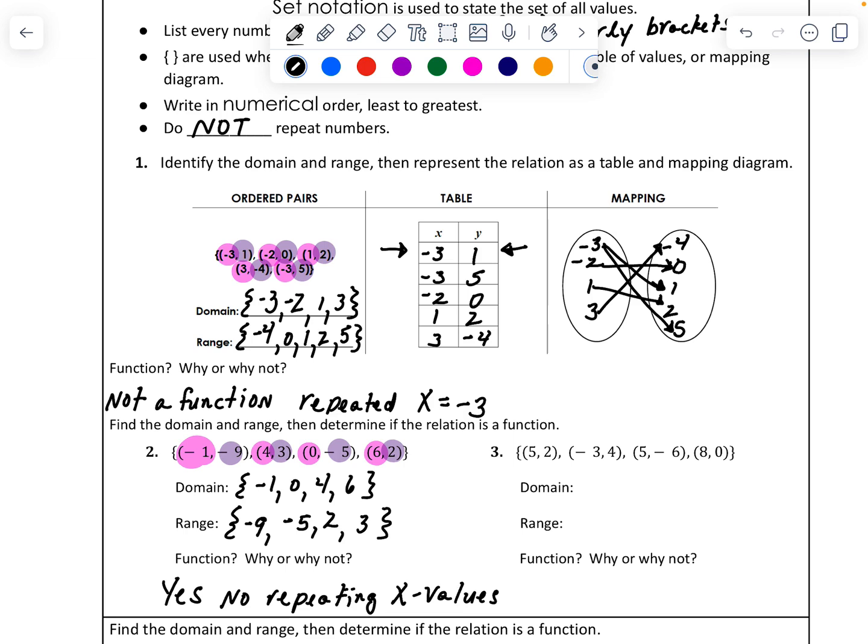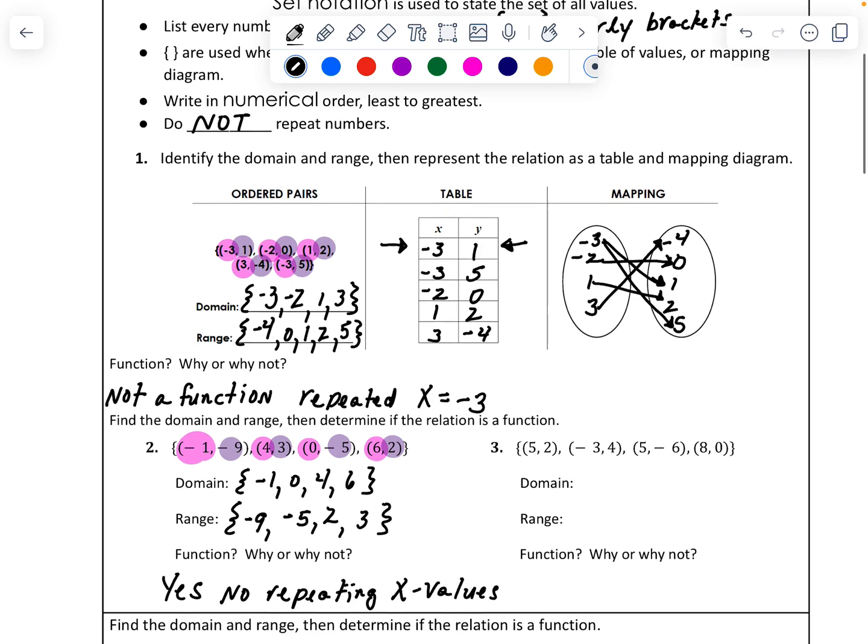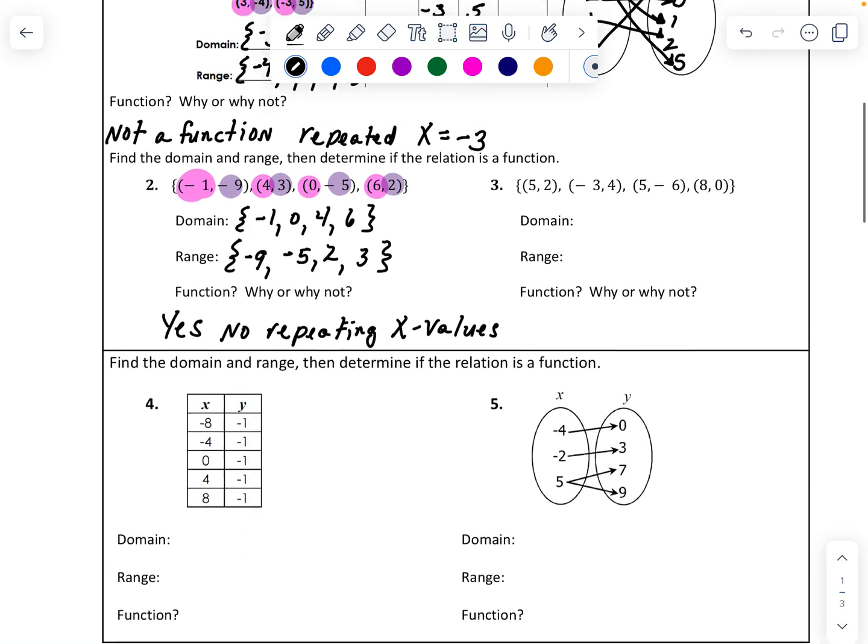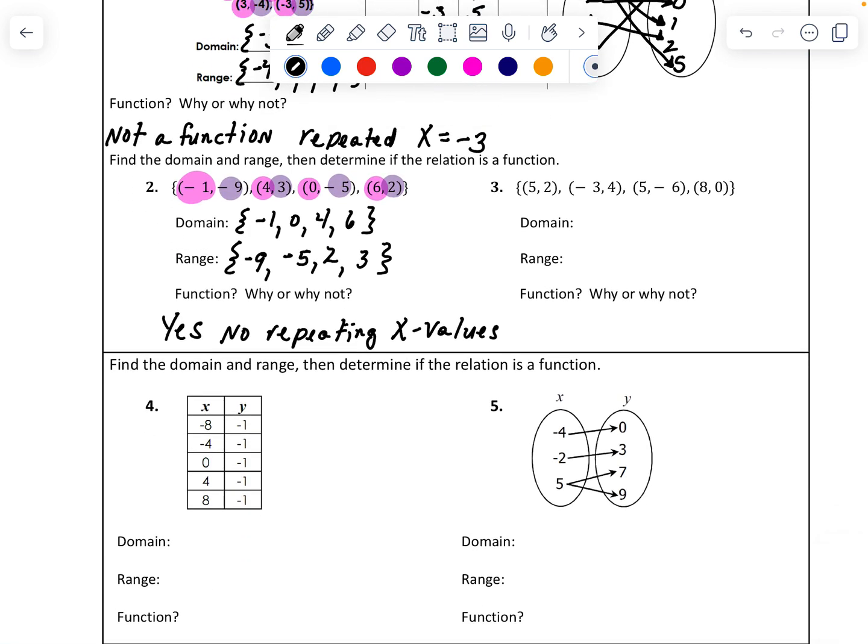Okay, so I'm going to skip 3, let you do that one, but let's work on number 4 and 5. So remember, here are your x values, and here are your y values. All right, so x, domain. That is a very interesting looking curly bracket. Let's do that again. There we go.